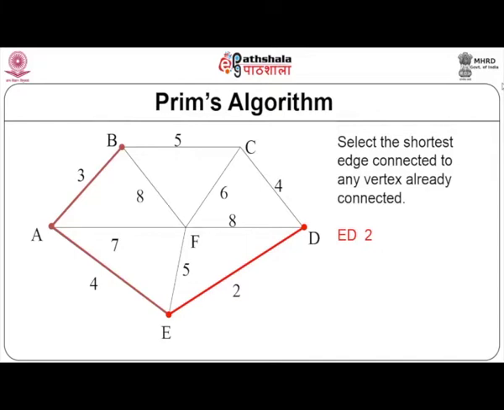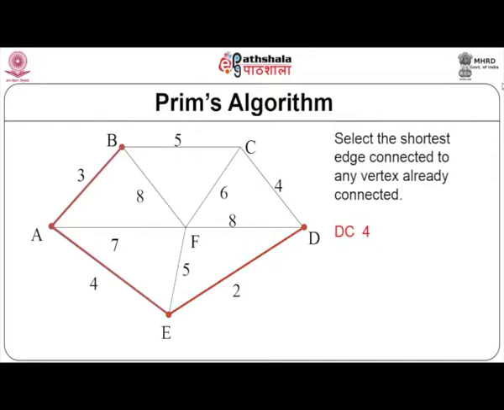You will select CD, or DC, since we already have D. So, DC is connected. Now, from C you have 6 connecting F, from E you have 5, from D you have 8, from A you have 7 and from B you have 8. So, obviously, you have to select E5 because that is the shortest.